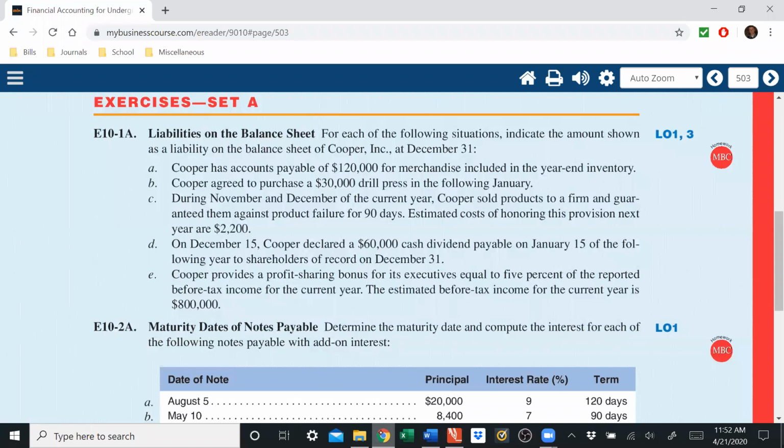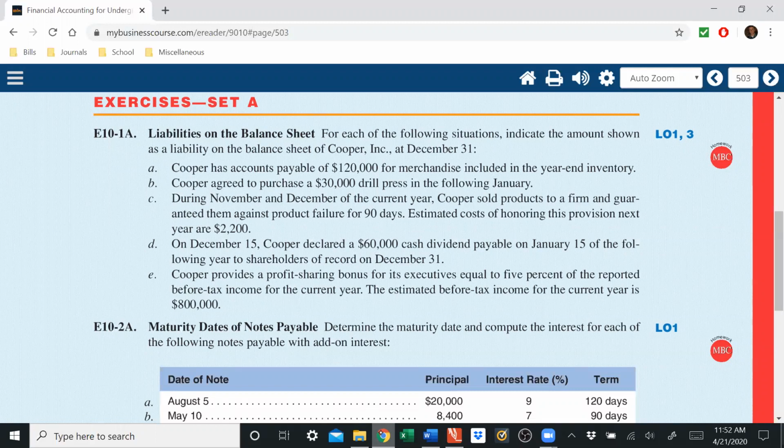Part C, during November and December of this year, Cooper sold products to a firm and guaranteed them against product failure for 90 days. Estimated costs of honoring this provision next year are $2,200. So they estimate that a portion, $2,200 worth of stuff, is going to fail.